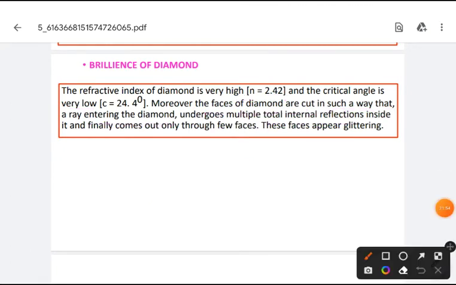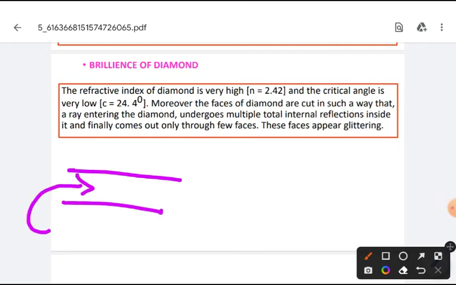It tells that the diamond is built in such a way that when light entering the diamond gets reflected multiple times, and the light can only go outside through a small number of faces, so these faces appear glittering.